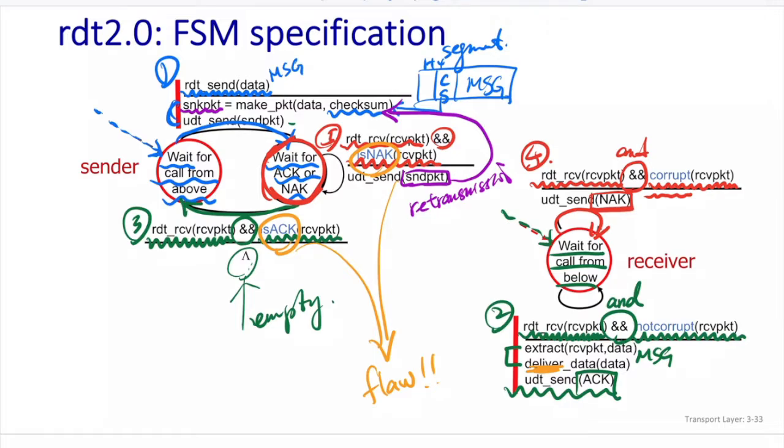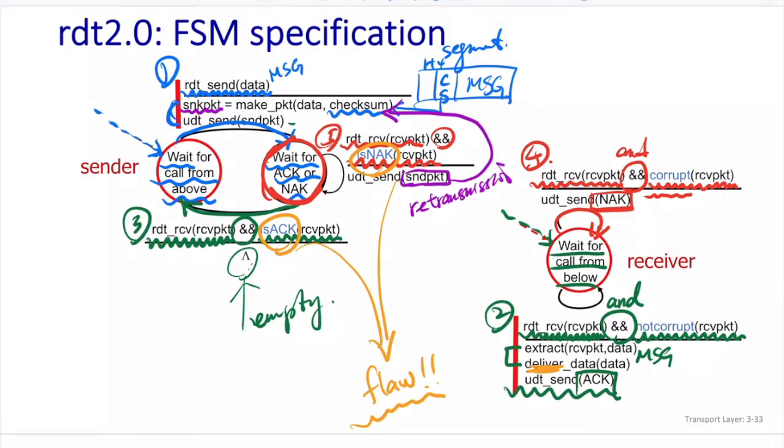But at this moment, when the receiver receives the retransmitted packet, the receiver has no clue whether its ACK was corrupted or not, because the receiver does not have any mechanism to know such information. So when the sender sends the retransmission, the receiver may be confused, thinking there is another purple packet.